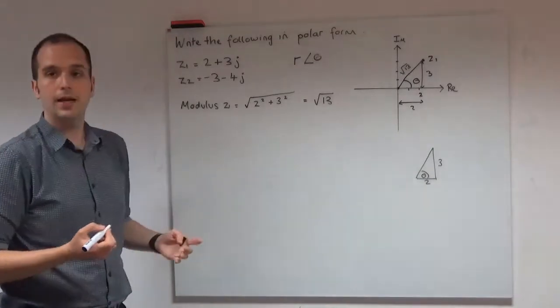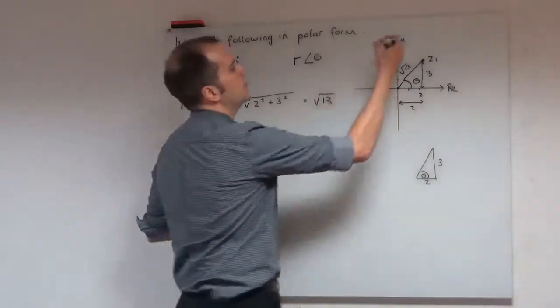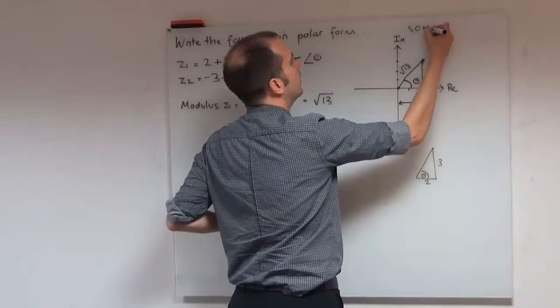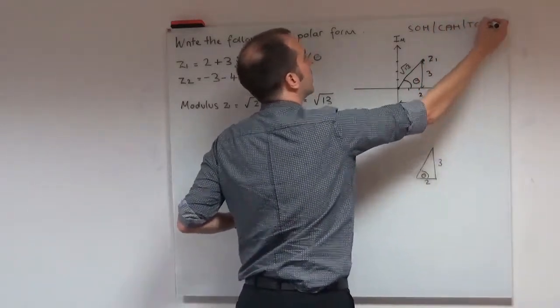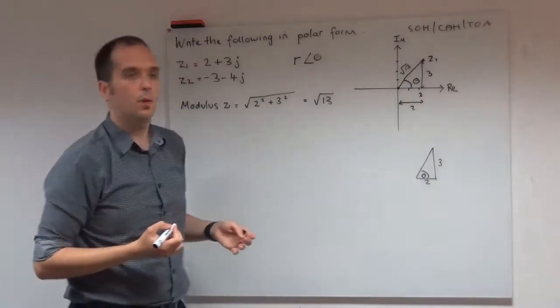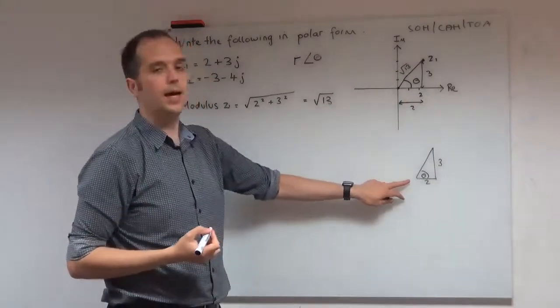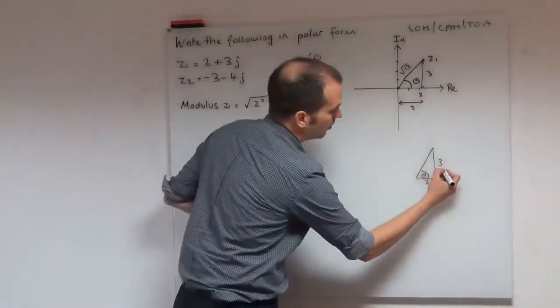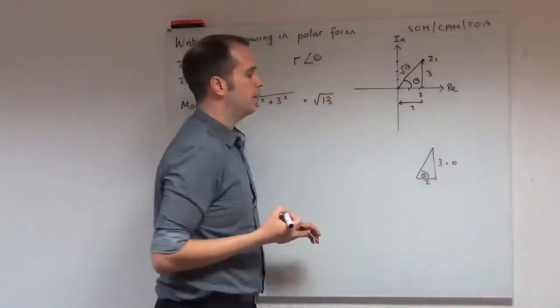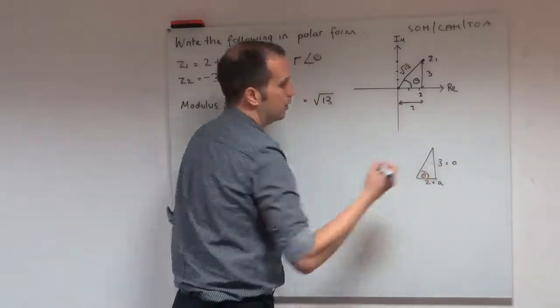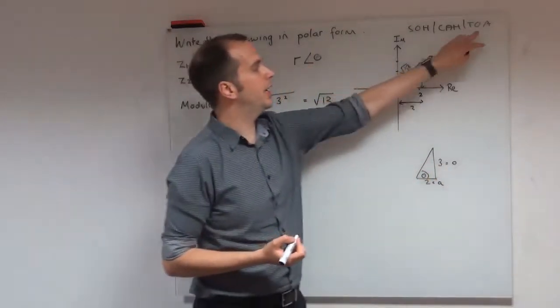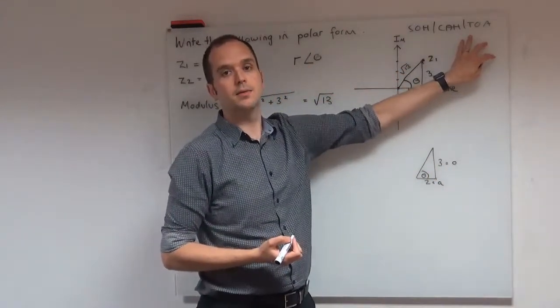So when dealing with right angled triangles and finding angles, we use our SOHCAHTOA. And let's consider what sides we have. If this is our angle, we have the opposite, which is 3, and the adjacent, which is 2. So opposite and adjacent, we're looking at tan.